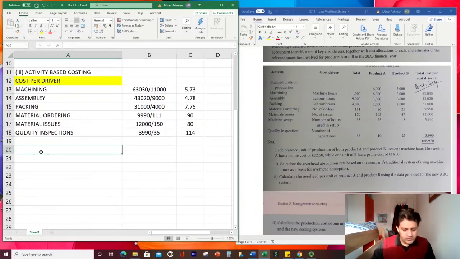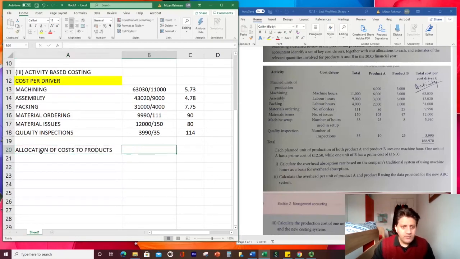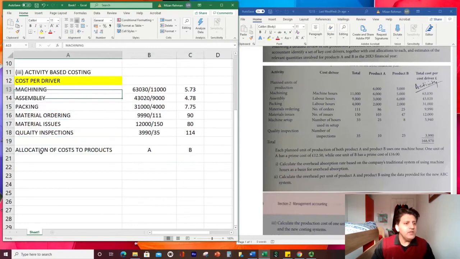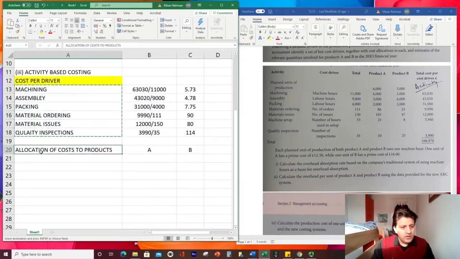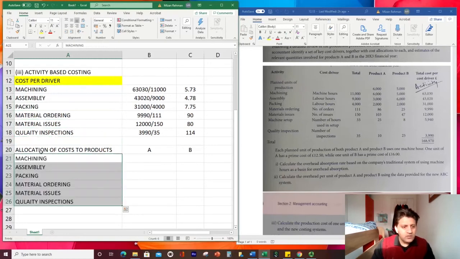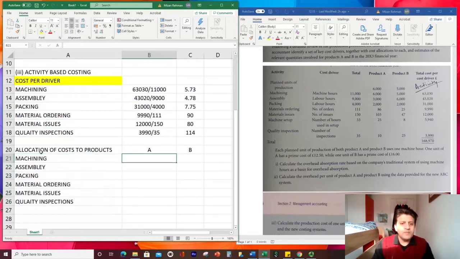The next one is allocation of costs to products. So we have two products, A and B, and we will use these costs now, and we will be multiplying these cost drivers.